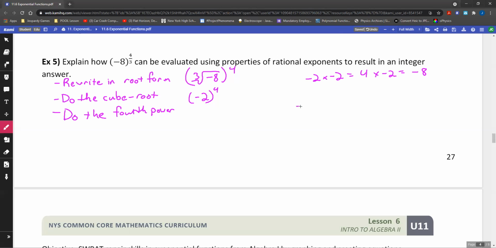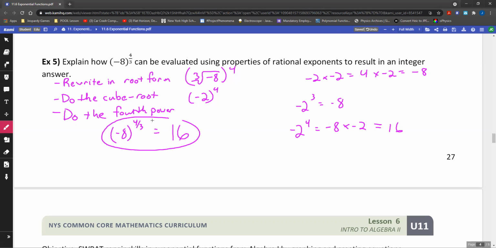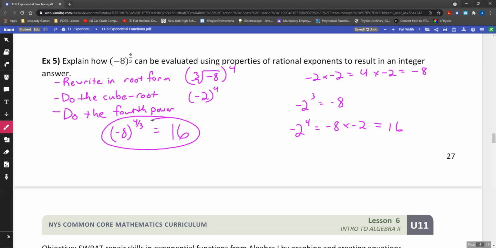If -2 to the 3rd is equal to -8, -2 to the 4th would be -8 times -2. So the negatives cancel out, they drop, and what we end up getting is 8 times 2, which is 16. So -8 to the 4/3 power is 16. Okay.